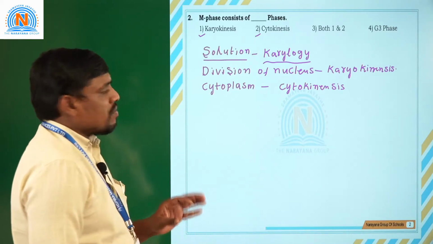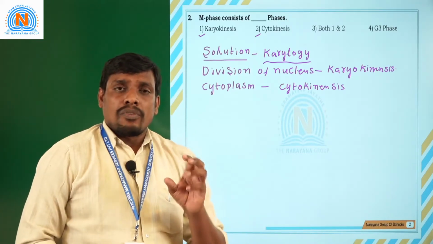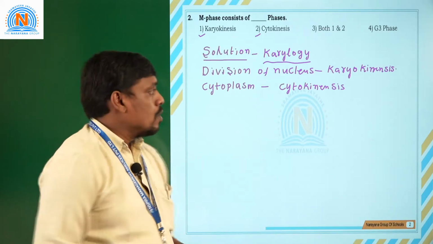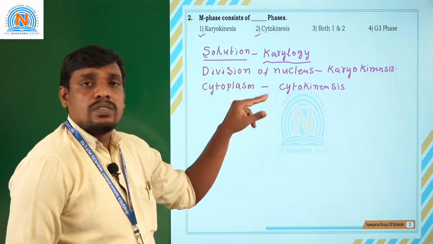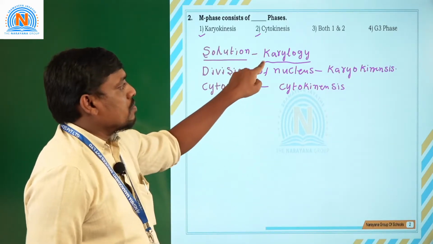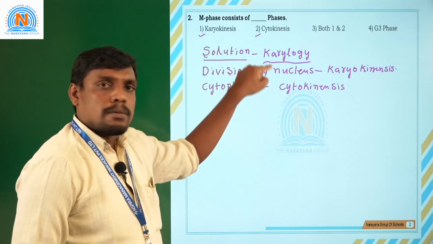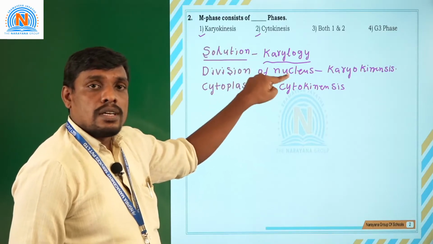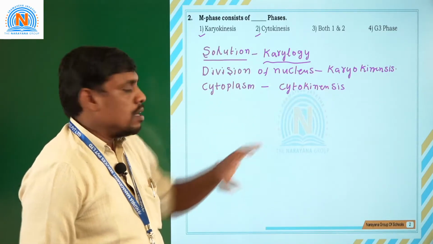So the nucleus performs important functions, hence it is considered the brain of the cell. Division of the nucleus during cell division is called karyokinesis. Why? Because the study of the nucleus in Greek terminology is called karyology.